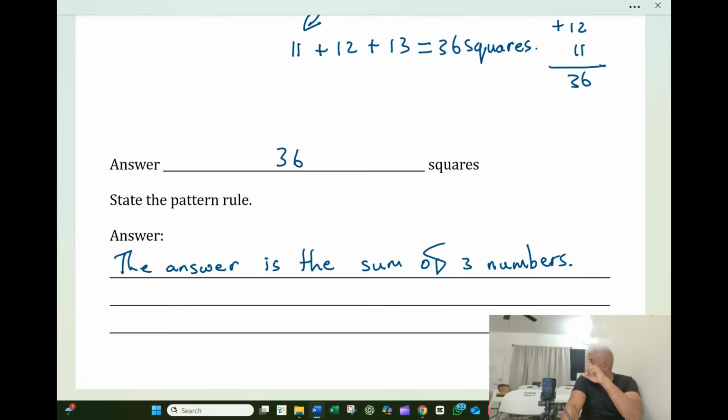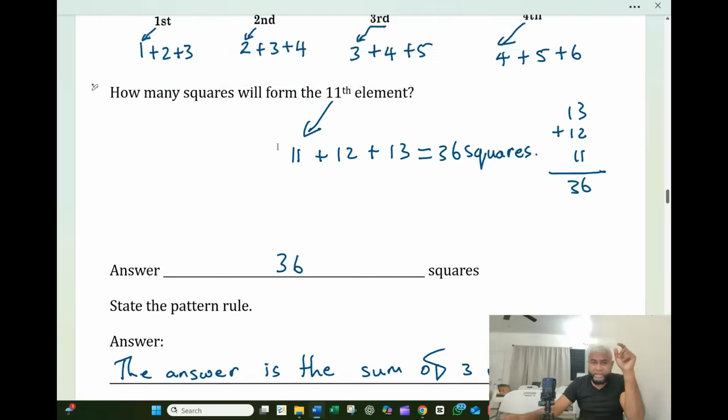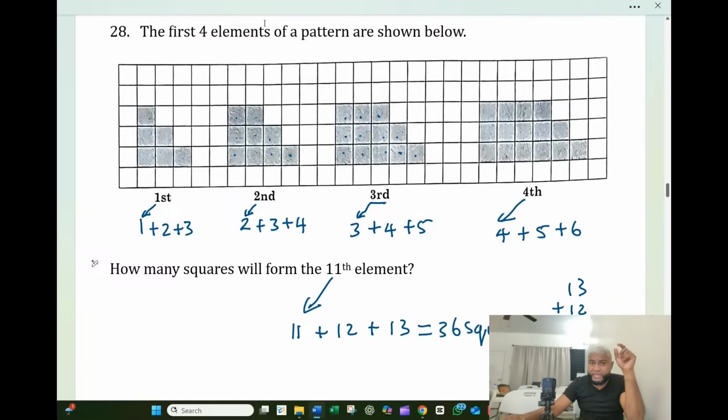Now, watch it here, the first number will always be the element you're looking at. So this will be the first element, second element, third element, fourth element.